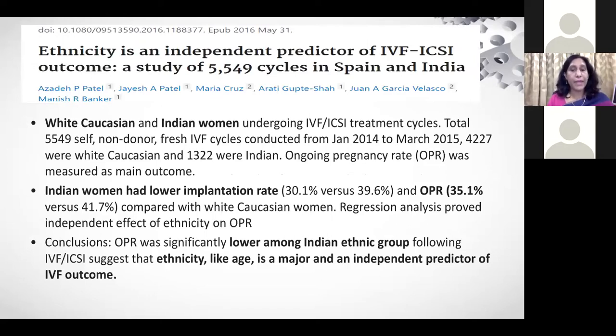When they compared with the Caucasian population, Indian women had lower implantation rate, and ongoing pregnancy rate was much lower as compared with Caucasian women. And they said that ethnicity, like age, is a major and independent predictor of IVF outcome.